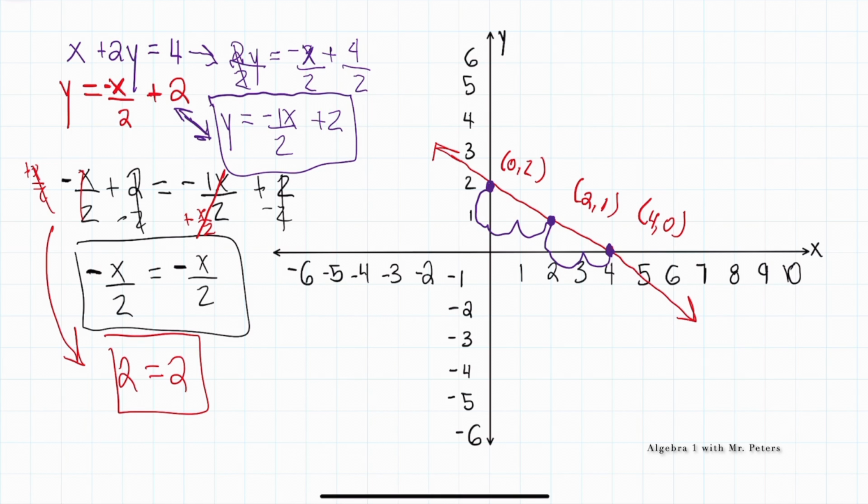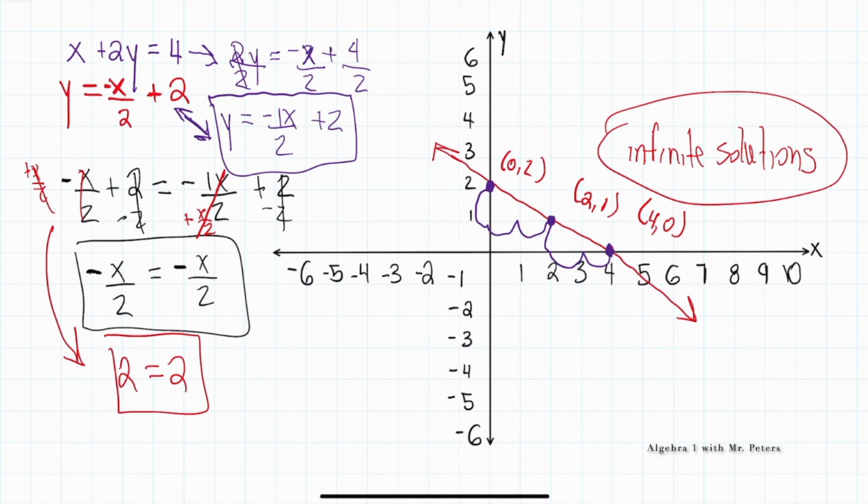So don't think that because the variables cancel out that it's a no solution type of equation. That's not always true. If the left side equals the right side, whether it's a variable equaling the same variable on the other side or a constant equaling the same constant, that means we have infinite solutions.